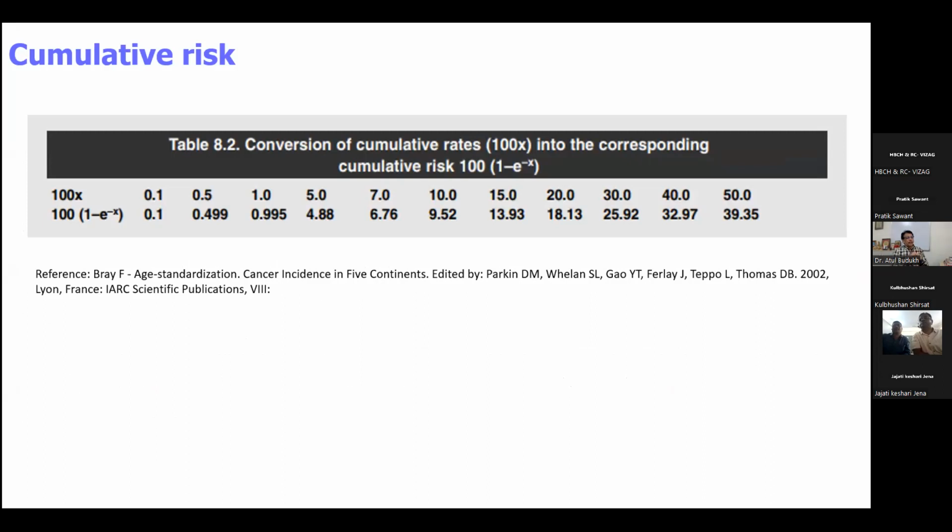See, cumulative rate and cumulative risk are almost the same. If the cumulative rate is 10, cumulative risk is almost 10. But when it is more than 15, there is a difference. But in most lower and middle income countries, cumulative rate and cumulative risk are almost the same. Nothing to worry about.